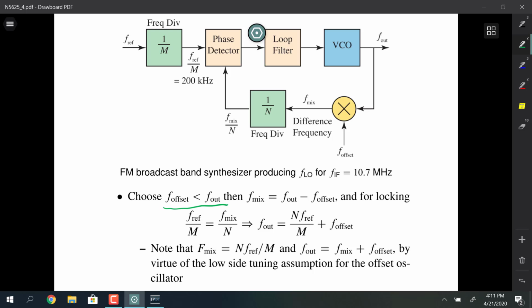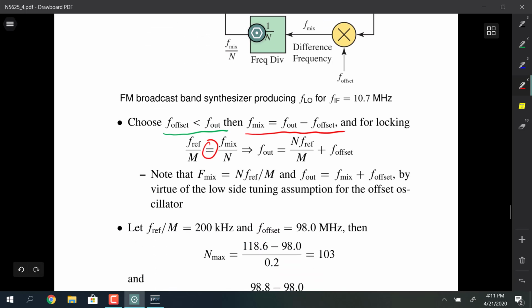And then the math would say if I'm going for the difference frequency, F mix is then going to be F out minus F offset for locking. And so I can put that into my math now to say that F mix gets divided by N, and that gets set equal to F ref divided by M, which is our 200 kilohertz. And then I can solve for F out.